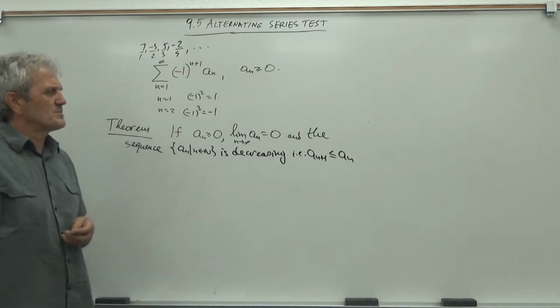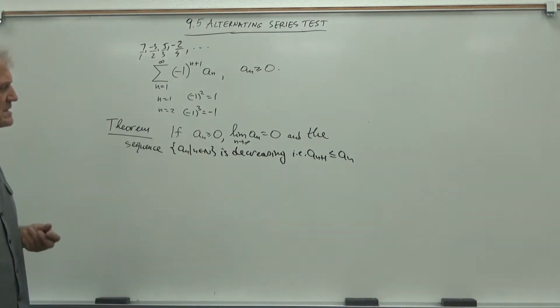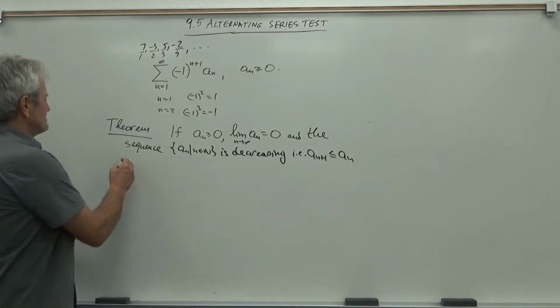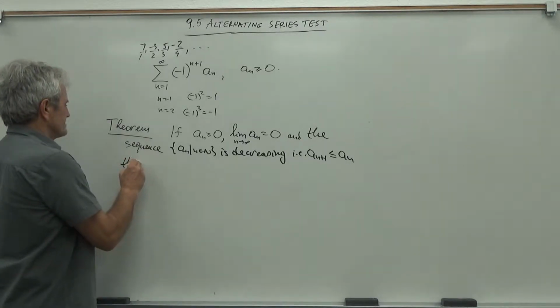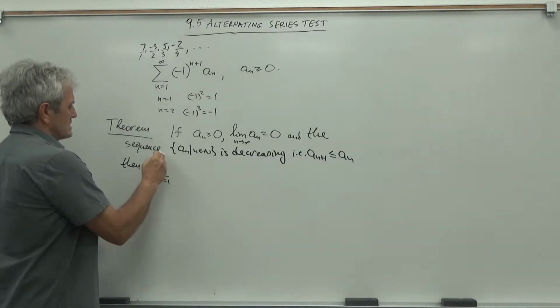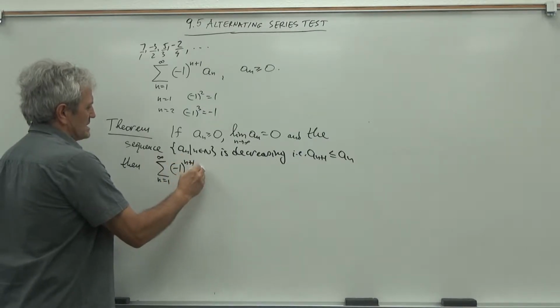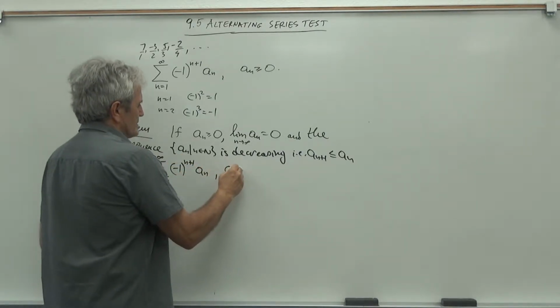So every next member is less than or equal to the previous one, and technically I should call this non-increasing, but I think that would confuse you more than if we just say decreasing. Then the sum from n equals 1 to infinity of negative 1 to the n plus 1 times a_n converges.